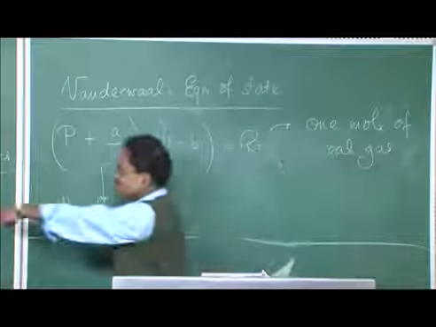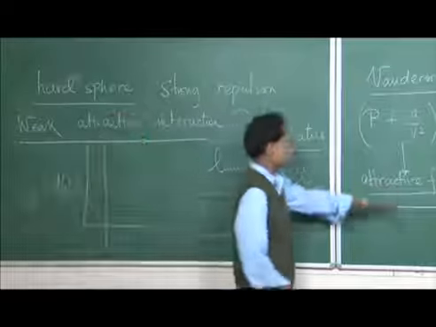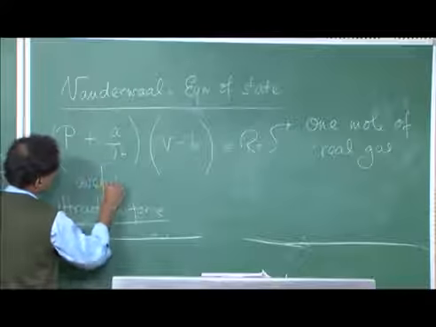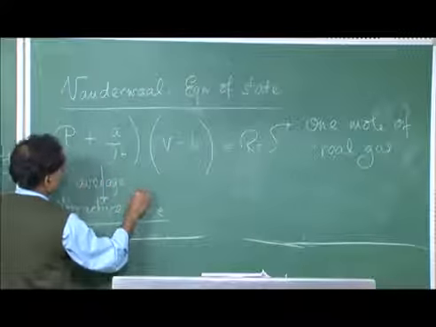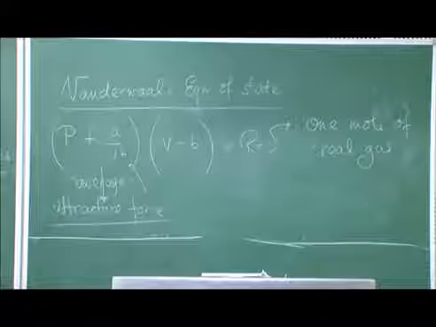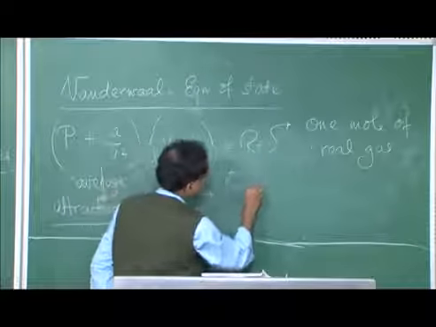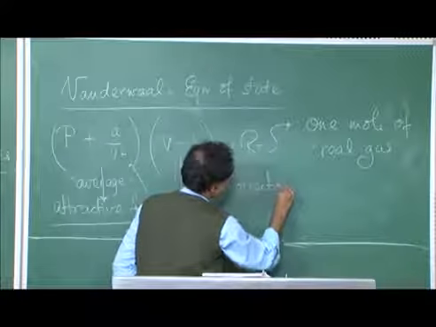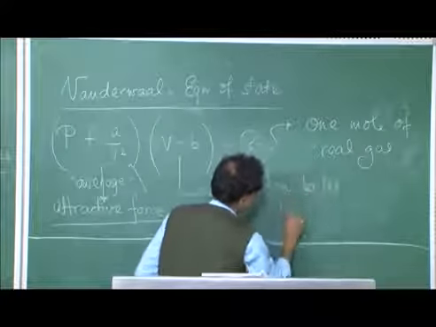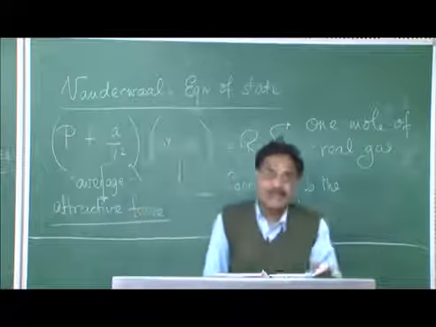I said there is an attractive force, very weak, short ranged. This attractive force, average attractive force, leads to a correction to pressure. And second thing, a correction to volume.